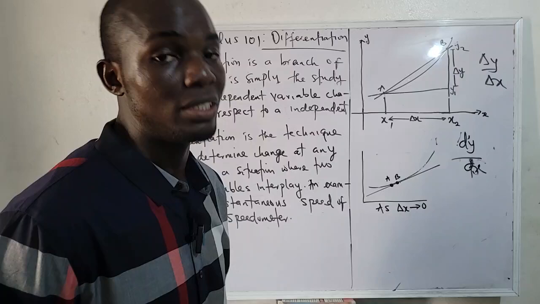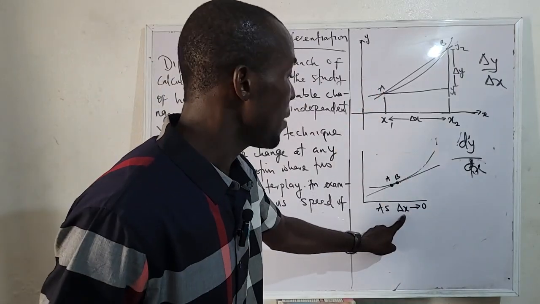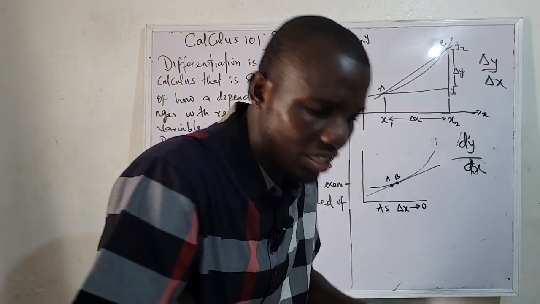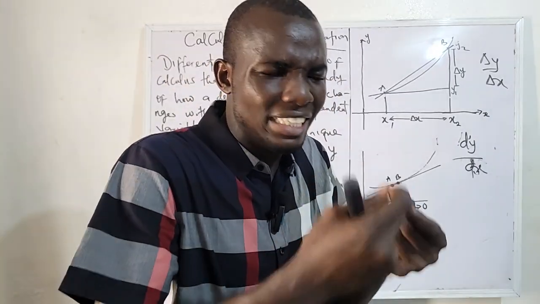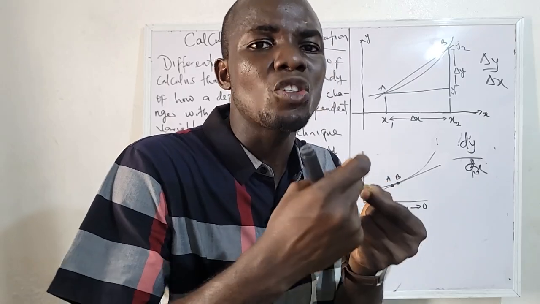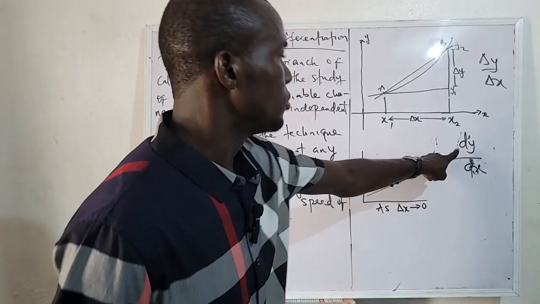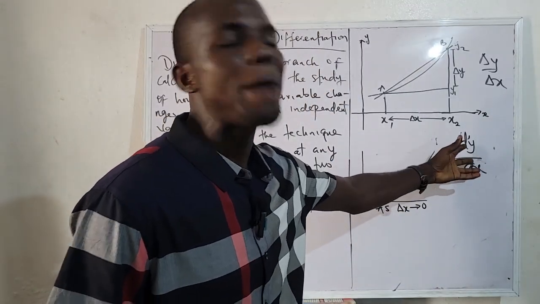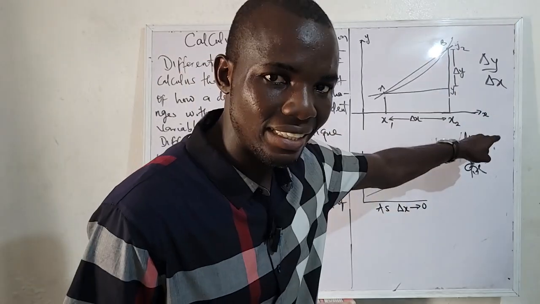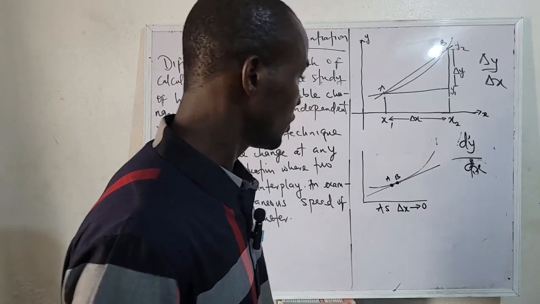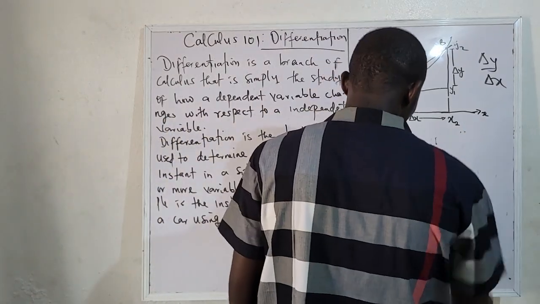Now let me write out this. That is, if this change in x reduces to an infinitesimal, a very small value, then we say it is approximately the gradient of the tangent to the what? To the curve. Now let me show you this.